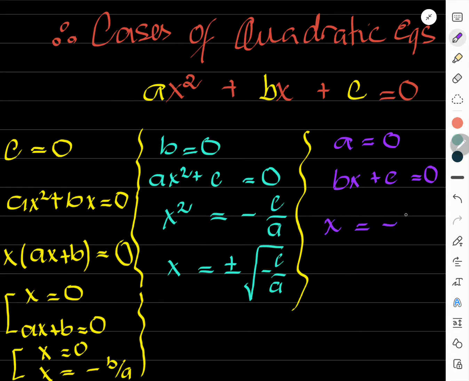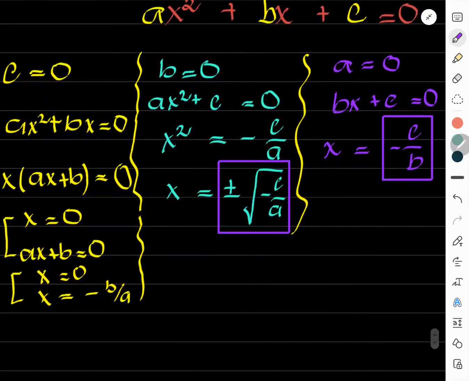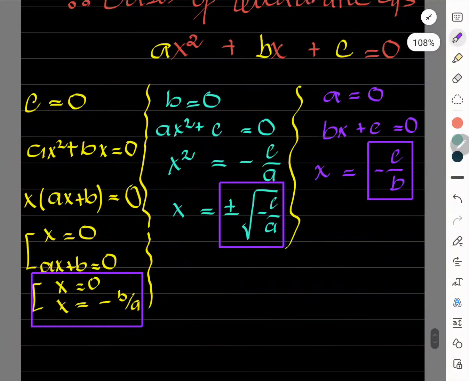So x equals negative c over b. That is one solution. Let's box this answer here. That's the three special cases when a, b, or c equals 0.